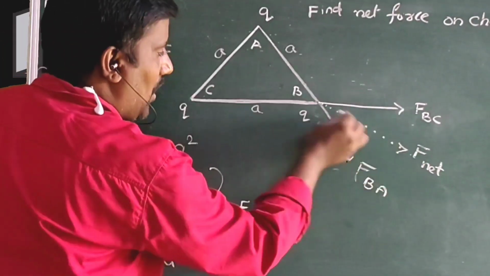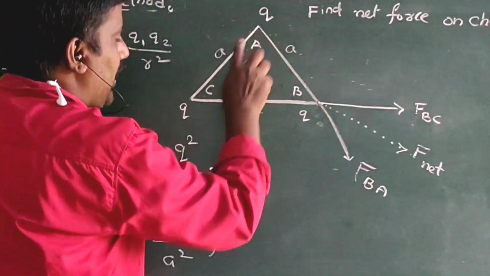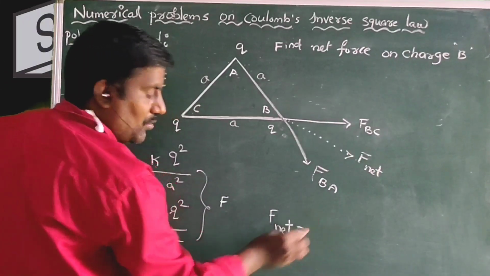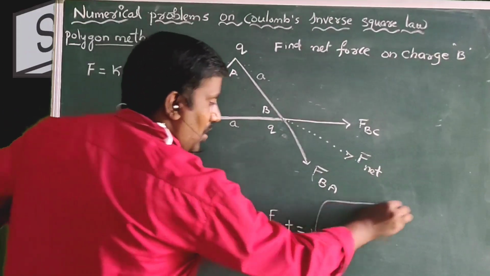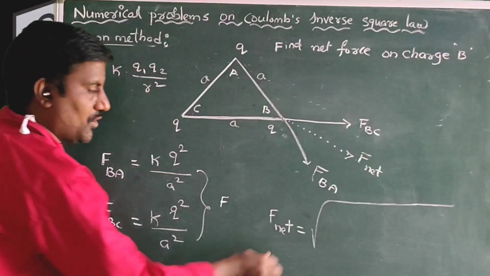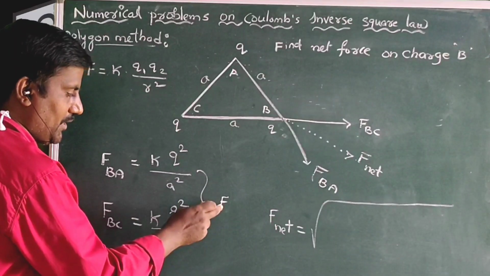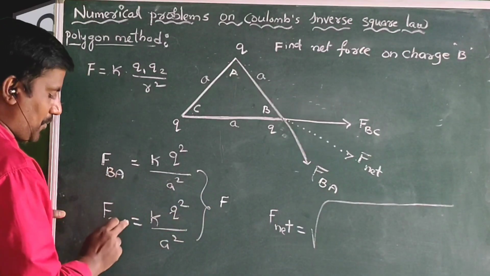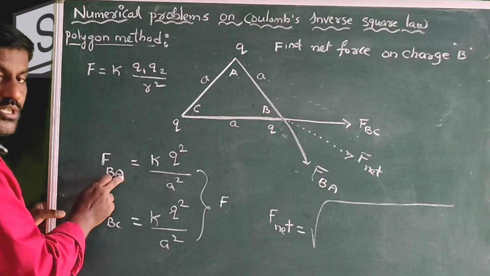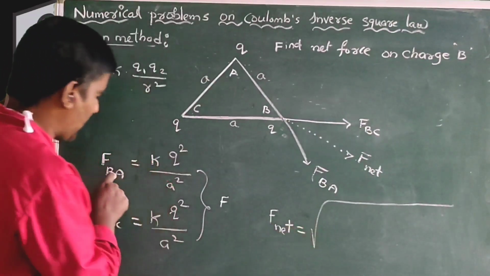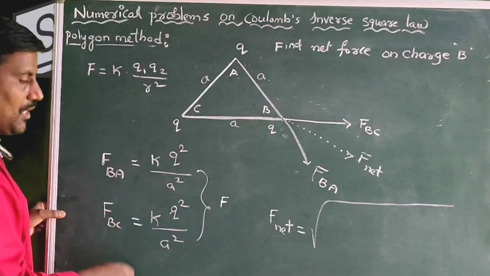The net force on B due to charge A and C, F net, according to the resultant force formula, is root of A square plus B square plus 2AB cos theta. So that is F square plus F square, that means F_BA whole square plus F_BC whole square plus 2 F_BA into F_BC into cos theta.